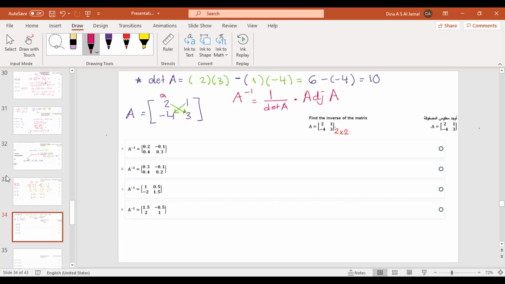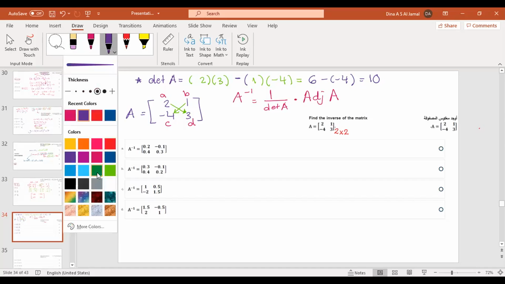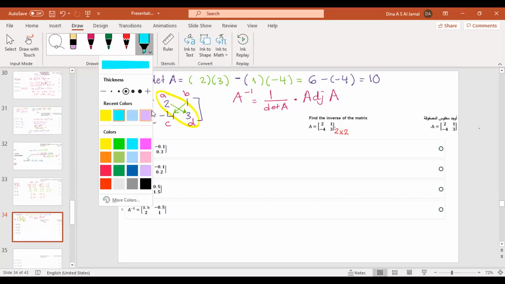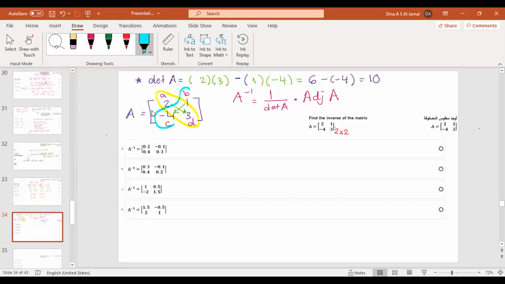Let me put letters here, A, B, C, and D. To get the adjoint, for this diagonal, you will be switching the numbers. Instead of 2, 3, it will be 3, 2. And for this diagonal, we will be changing the signs.